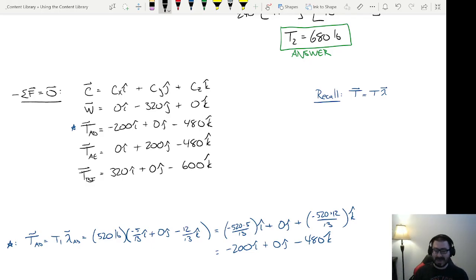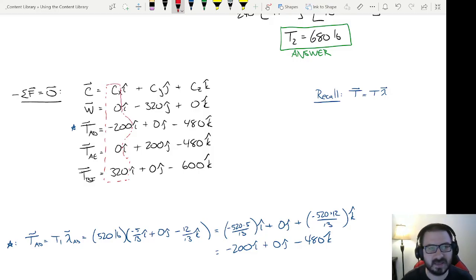And again, now the math is really, really easy because what we're doing is looking at these columns of coefficients and summing them up. I'm weaving in and out of here because all I care about is the constant coefficients. So this is the sum of the forces in the x direction equals 0.